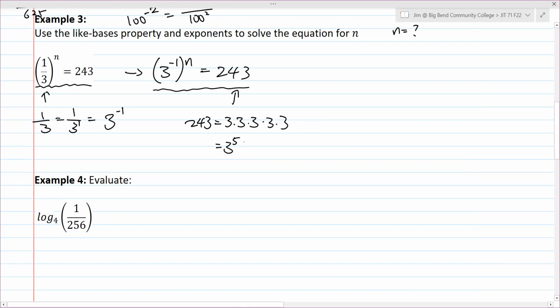So yes, that is the power for the base 3. So what do you get next? You'll have 3 to the -n, because -1 times n gives you -n, right? 3 to the -n equals 3 to the 5.